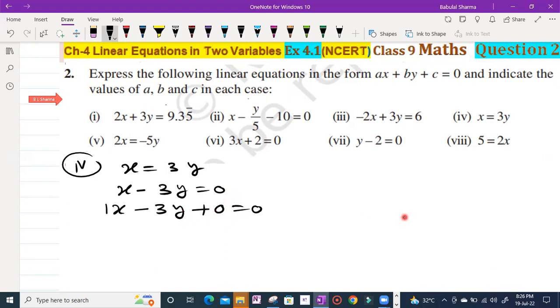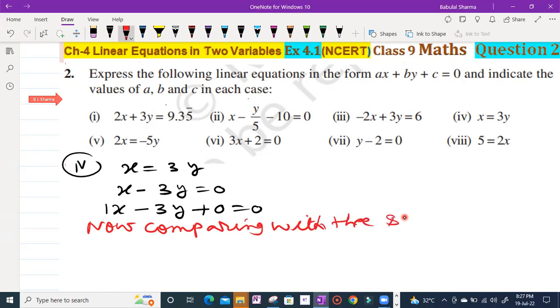And now comparing with the standard form, and that is ax plus by plus c is equal to 0.